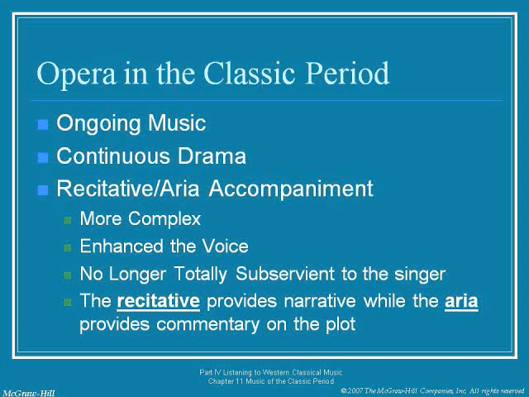It set up everything that was going on and set the mood for each scene. Even during the recitatives and arias, the music was more about setting a mood than being subservient to the singer. So at times the music was just as important as what was being sung to the action. And that's an example of the music being program music.